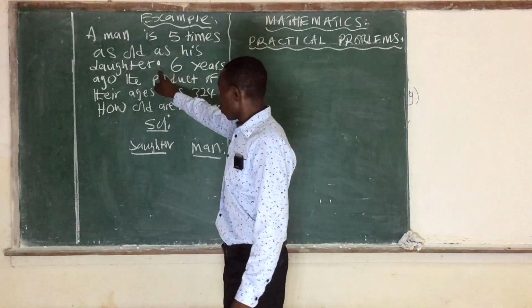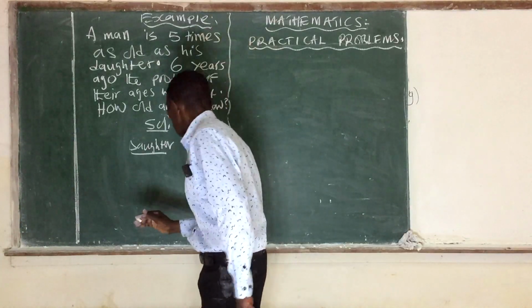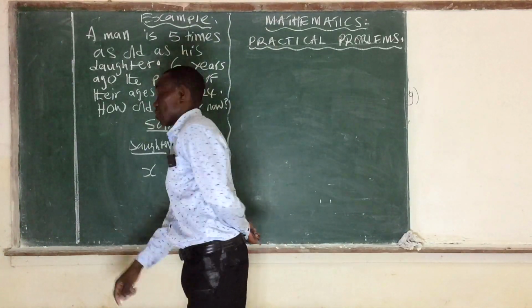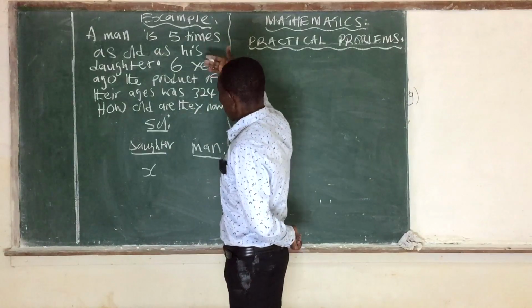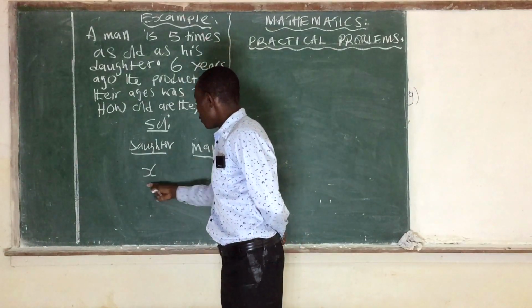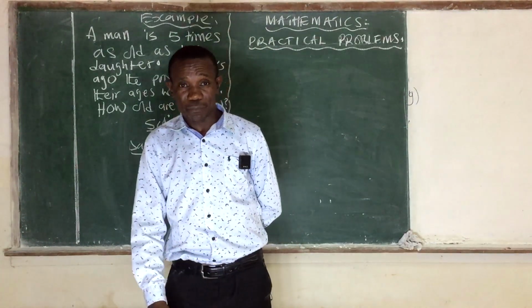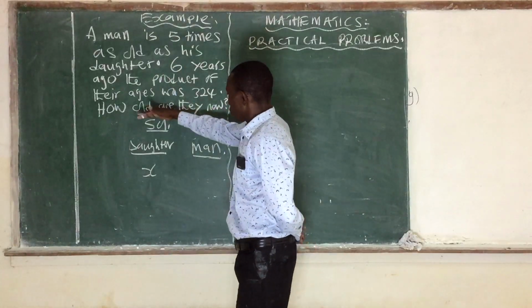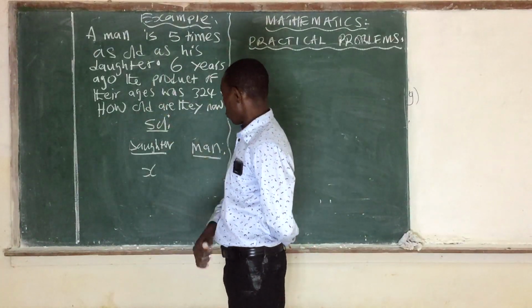Here, we don't know the age of the daughter, so we say, let the daughter's age be equal to X. Throughout our discussion, we'll be using the variable X to work out the ages of the two people, the man and the daughter.